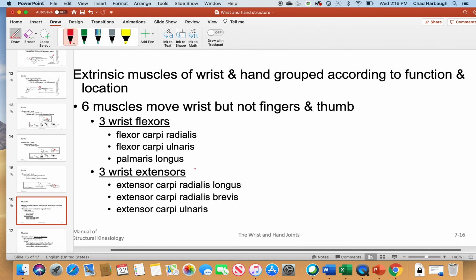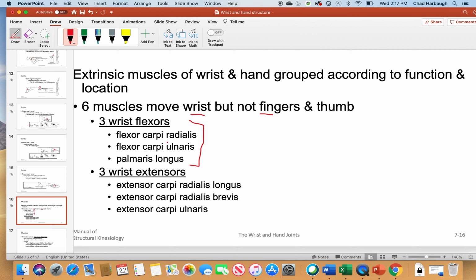So these are all considered to be extrinsic muscles. We have a series of intrinsic muscles of the hand, but an extrinsic muscle, these 6 muscles move the wrist, but they're not really associated with the finger or the thumb. So primarily when we're looking at the extrinsic muscles of the wrist, these are going to originate on the medial aspect of the humerus or the ulna.